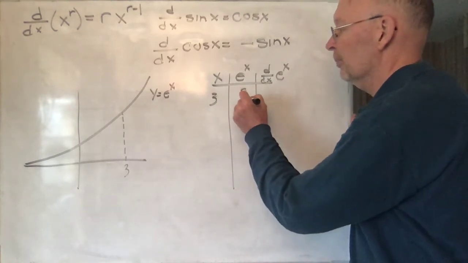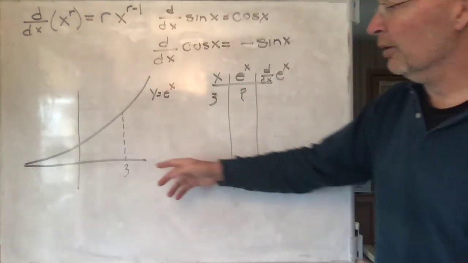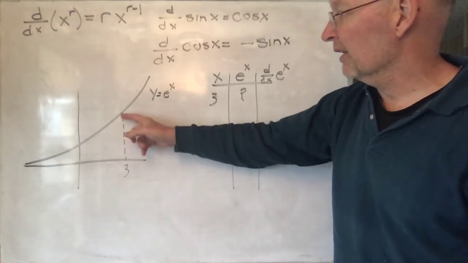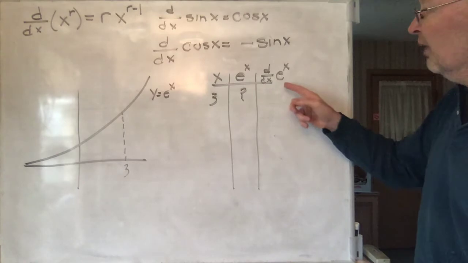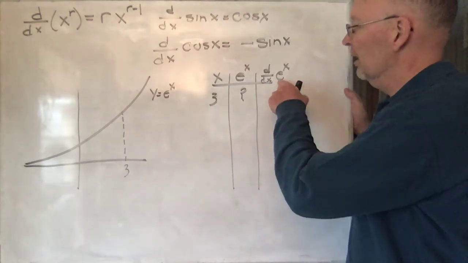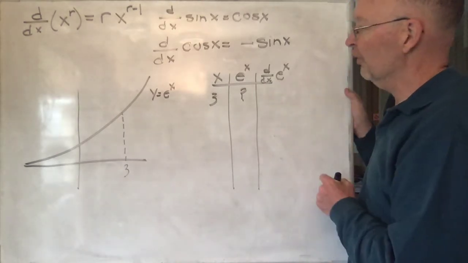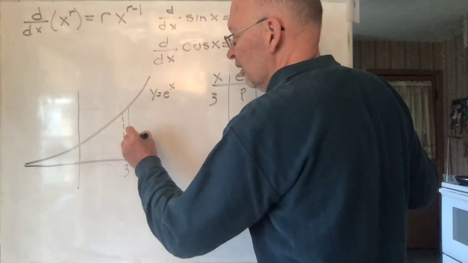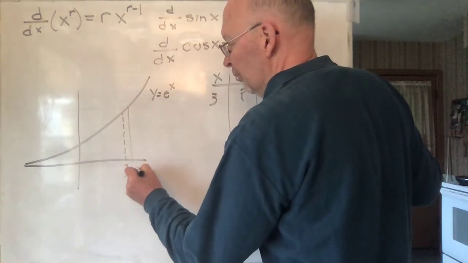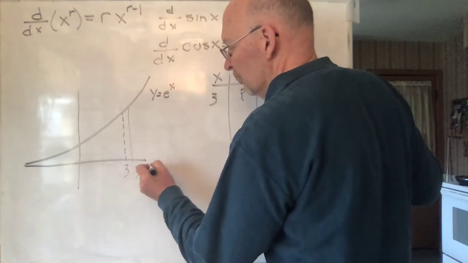Okay, I'm just going to put a question mark there because I'm not going to go through and actually do it. I don't have a calculator handy, but you find that. And then after you do that, then do this. To get a good approximation for the slope there, you take a point really, really close to 3, like 3.001.